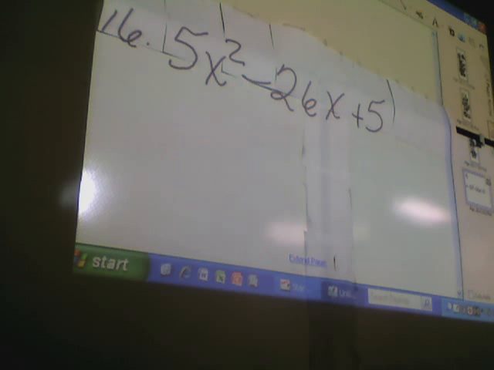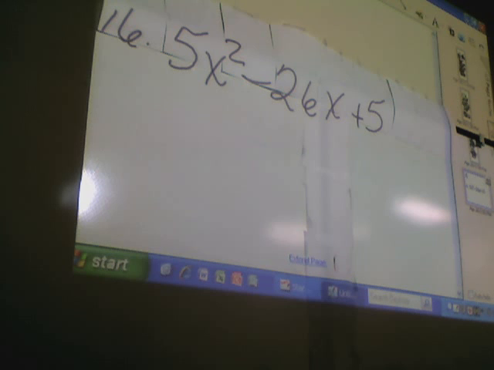Is there anything we could factor out first? Will 5 factor out of the middle? No. And x, no. Okay, so we're not going to be able to factor 5 or an x out.